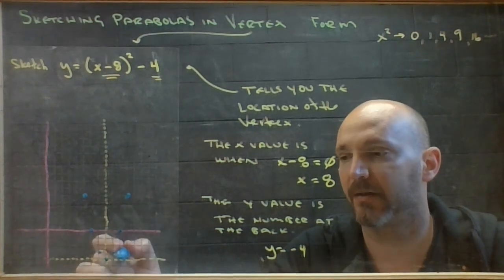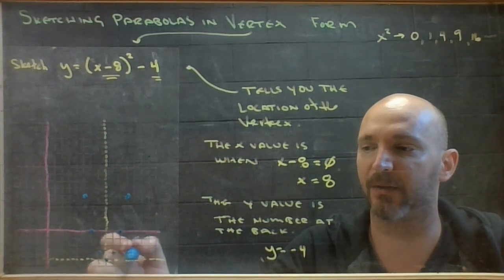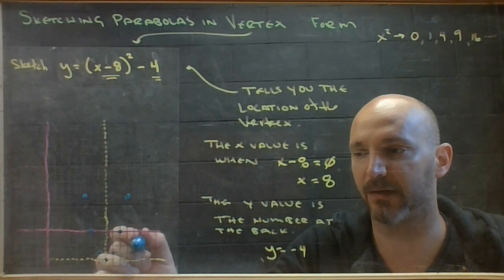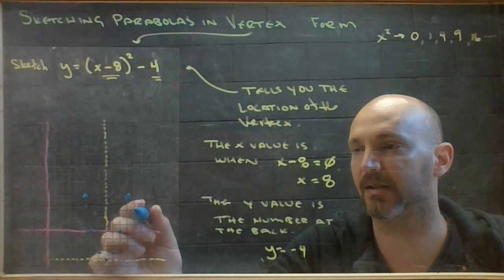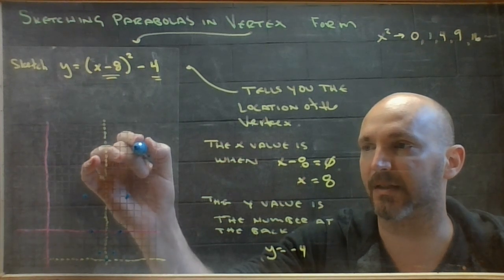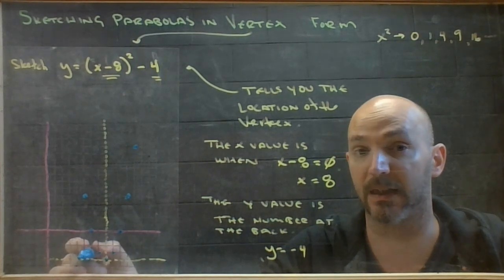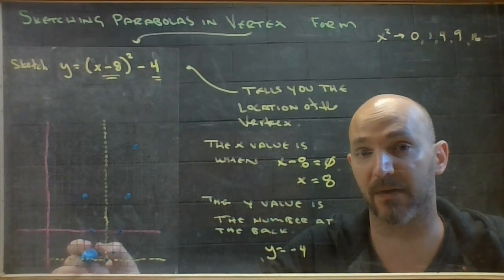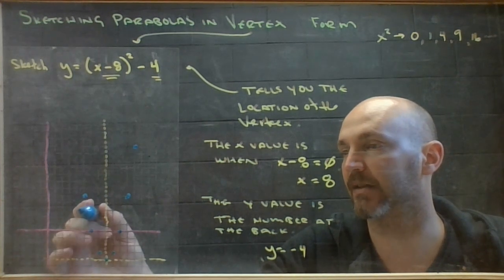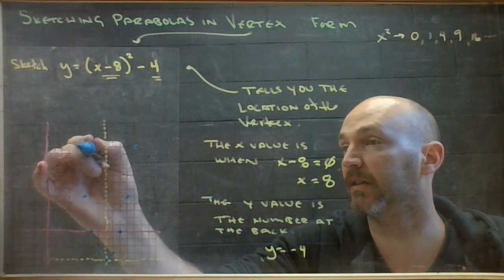4 steps out, 1, 2, 3, 4. Even if I don't have that list up there, I know that 4 times 4 is 16, so I need to go up 16 squares. And 4 to the left, same thing. 4 times 4 is 16.